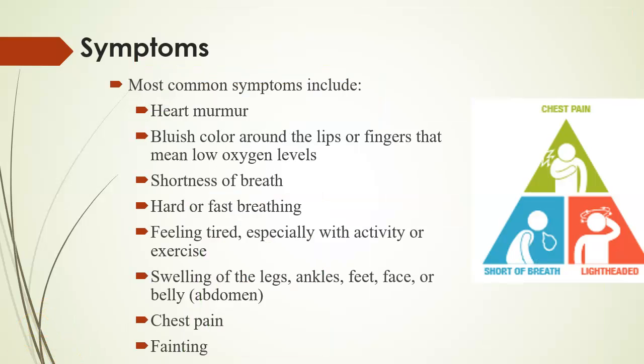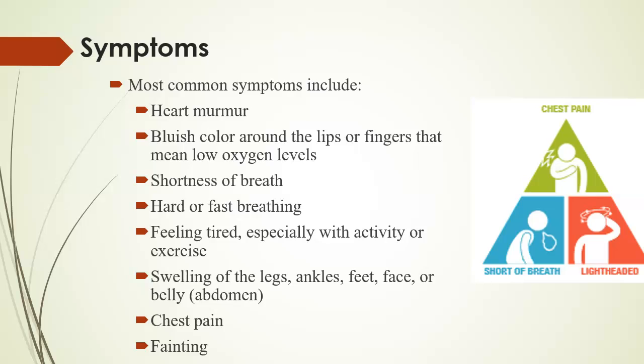So what are some symptoms? Some of the most common symptoms are a heart murmur. Almost everybody with this has a heart murmur. You have a bluish color lining your lips, maybe your fingertips, that just indicates that you have low oxygen levels. You have shortness of breath, hard or fast breathing.